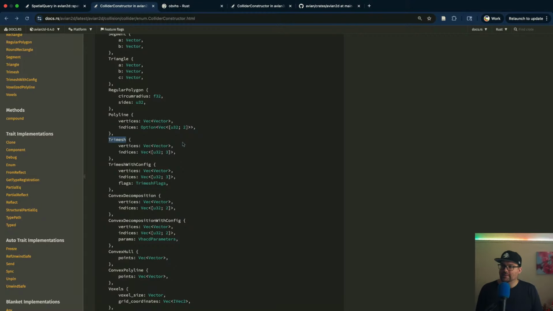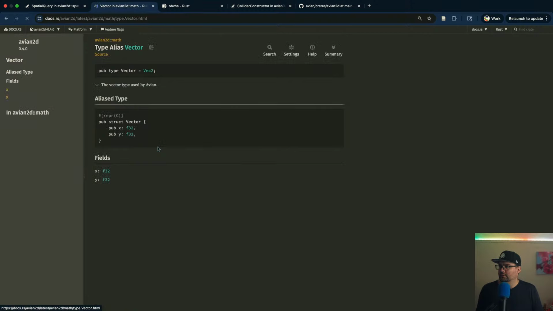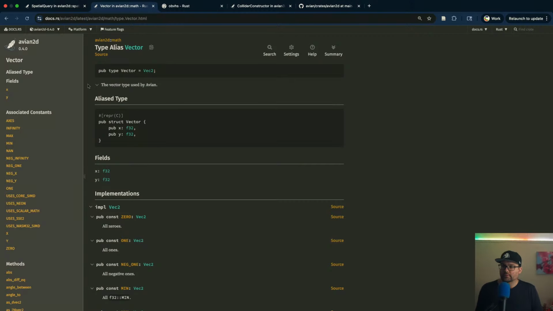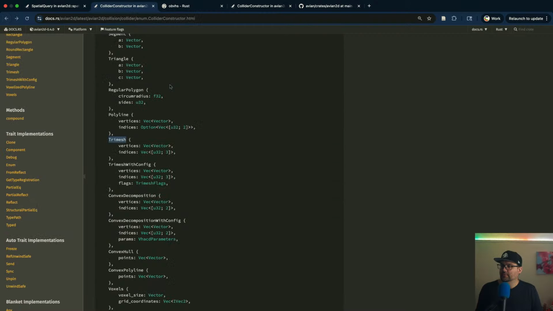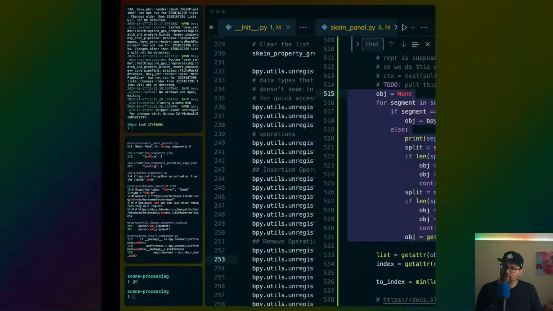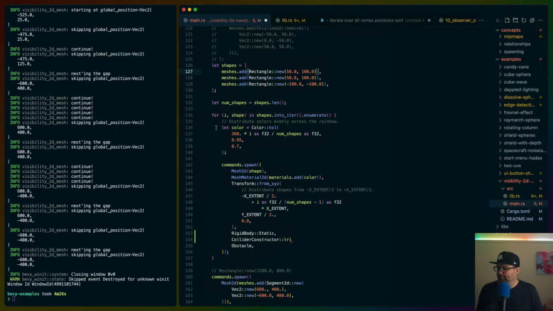Maybe we actually take the stuff and throw it into the trimesh collider, and we start with that. Which means that I think I want to build this up here.